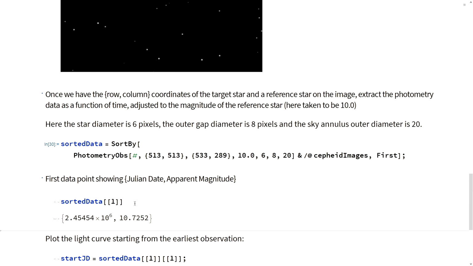So the first of the data points here, you can see the Julian date is 2.45454 times 10 to the 6, so about 2.45 million days since that time in 4000 BC. The magnitude of the star is 10.7252 at that observation time.